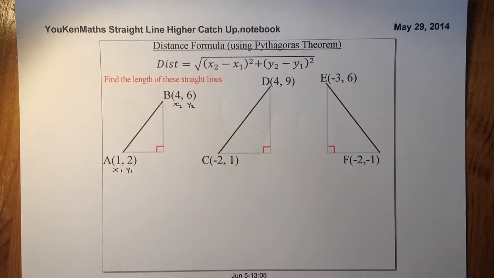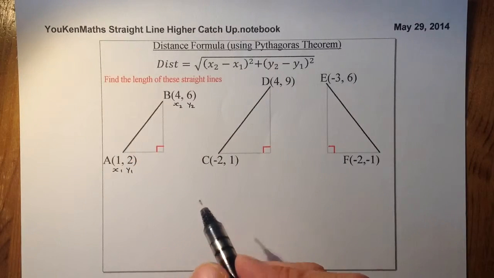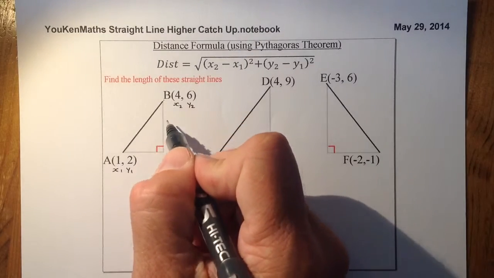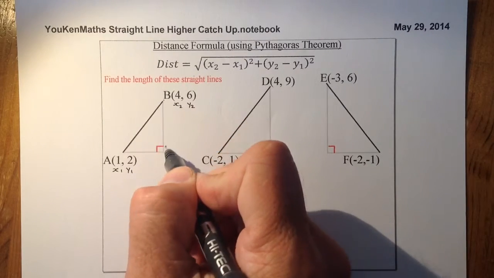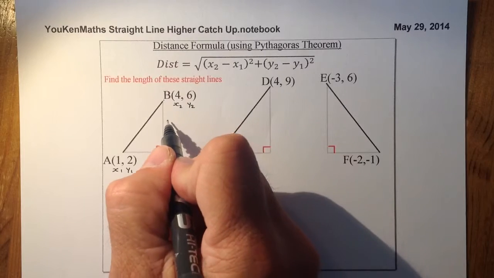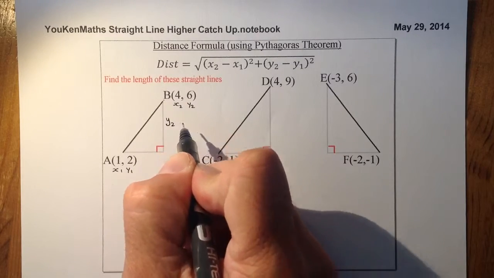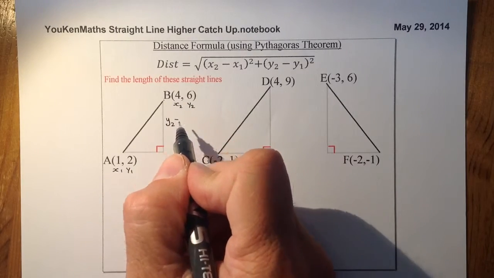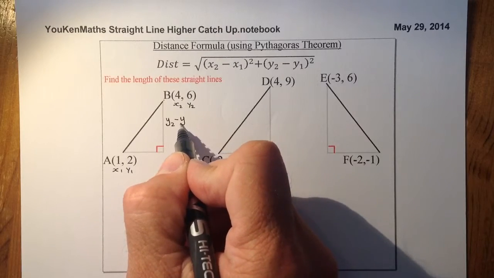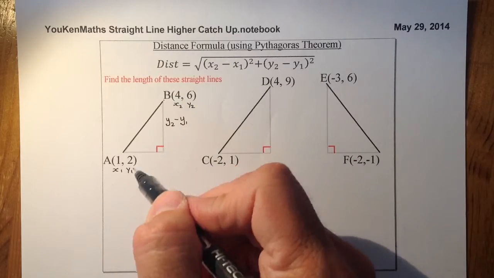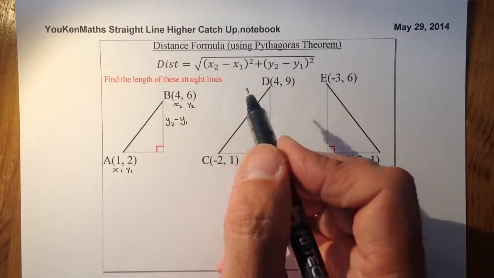Okay, so if I was doing this by Pythagoras Theorem, simply what I would do is work out the length of this line here, and this line here would just be y2 minus y1. It would just be the distance between B and A from a vertical point of view.